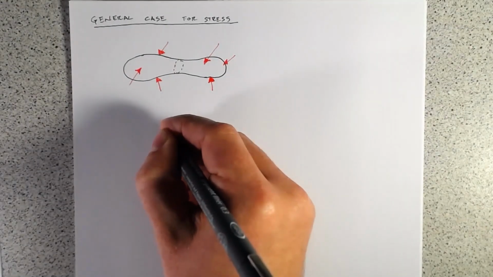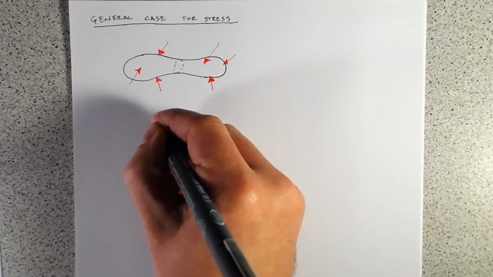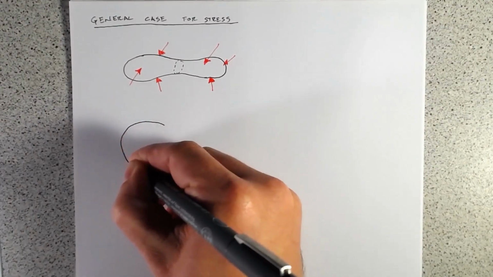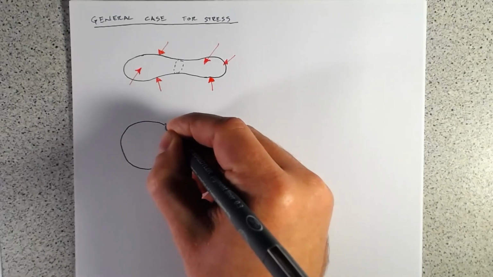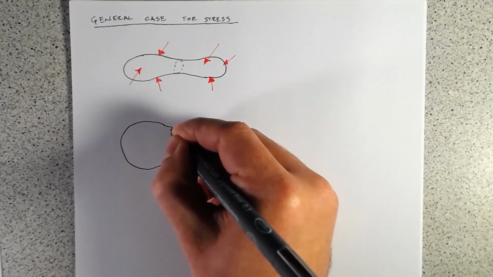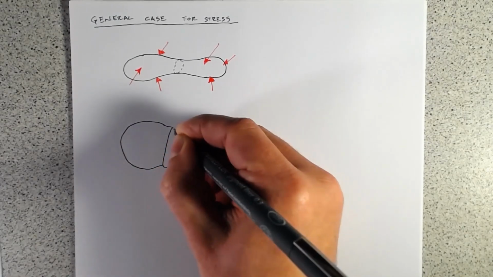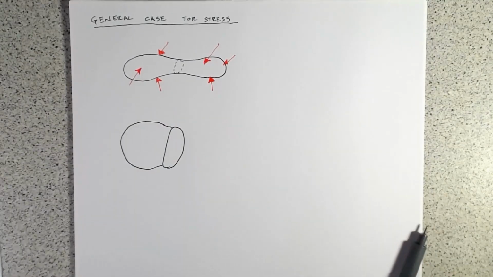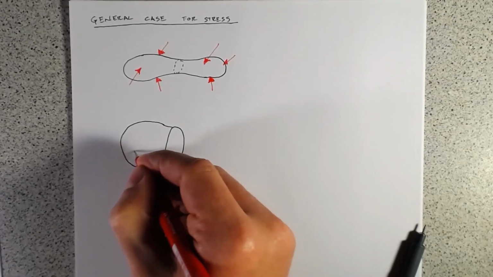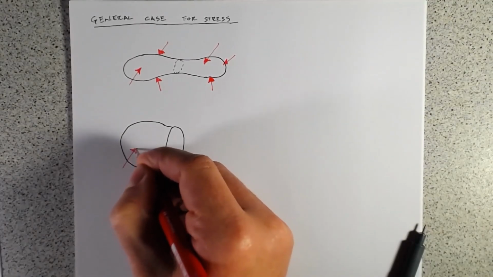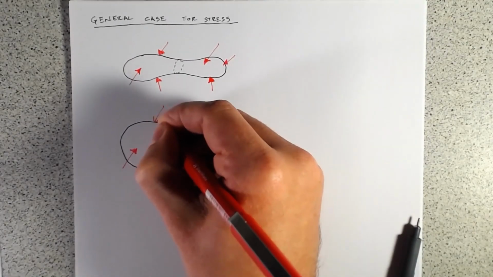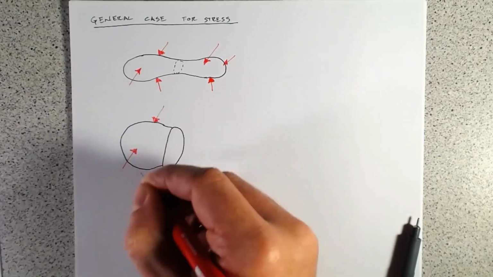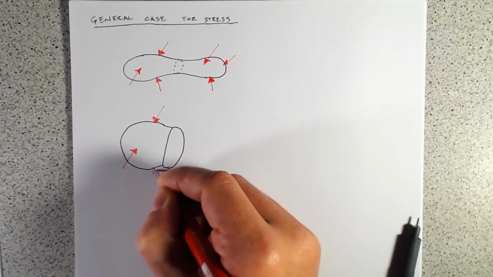So if I just draw that cross section out here, that's the other half of that peanut section, and it's got some forces acting on it, and then we've got one down here.